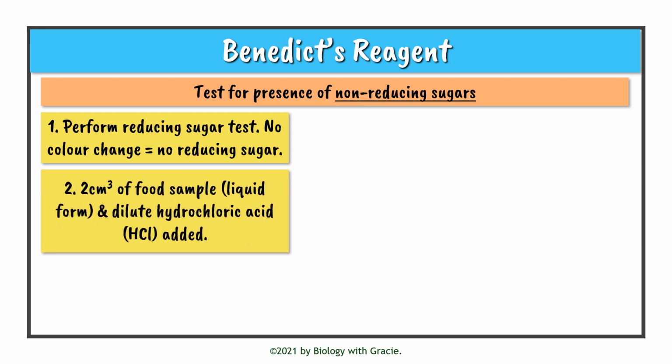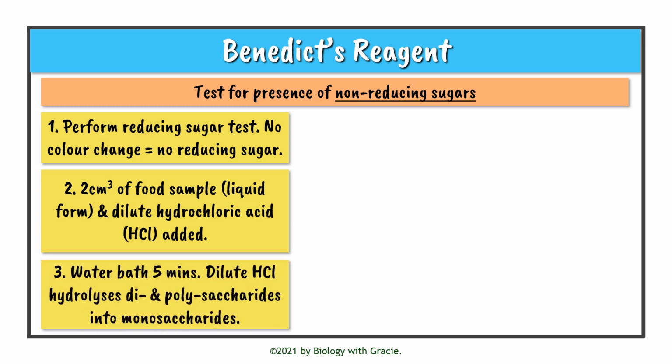What you need to do is add 2 centimeters cubed of your food sample, again in liquid form, to a test tube, and then add dilute hydrochloric acid. You then want to put this test tube in a water bath for 5 minutes, and what is hopefully going to occur is that the dilute hydrochloric acid is going to hydrolyze the disaccharides and polysaccharides into monosaccharides.